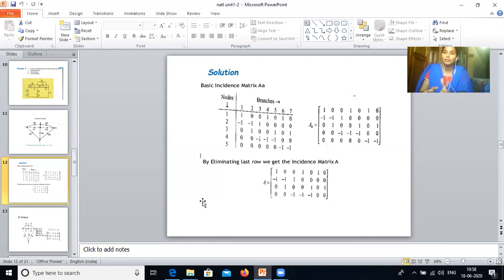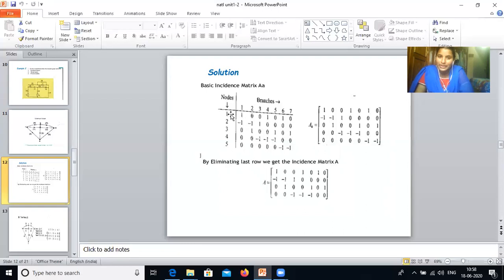One more important property of the incidence matrix is, if we sum all the columns, it must be equal to 0. Always a 1 and a minus 1 will be there in each column. Here rows represent the nodes and columns represent the branches. So always one branch will be entering one node and leaving one node.